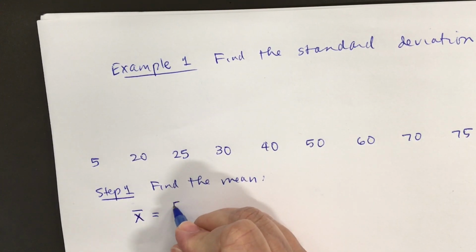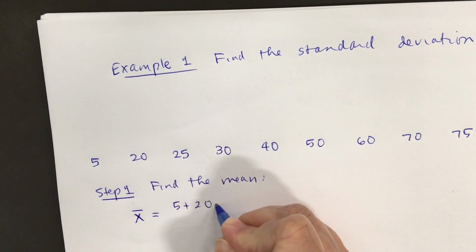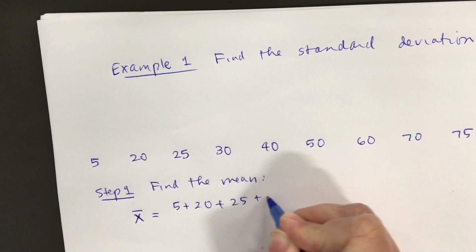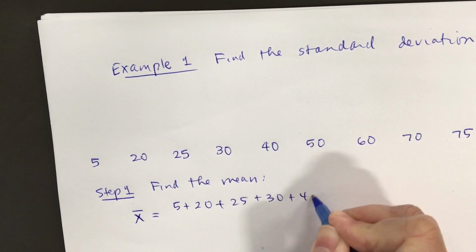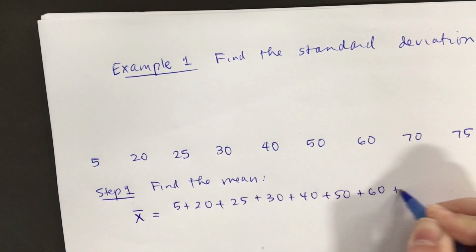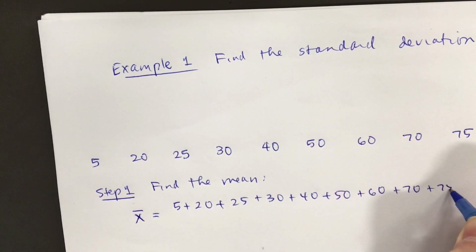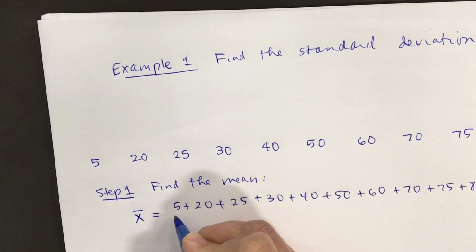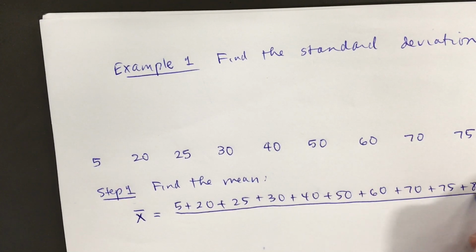To find the mean, you add up all the numbers and divide by the number of scores. You might look at this data set, and since it's perfectly symmetrical, perfectly balanced around the 50, the mean is going to be 50.